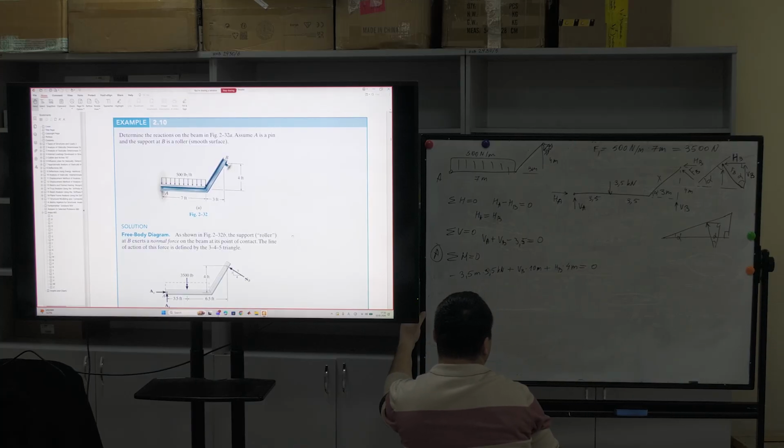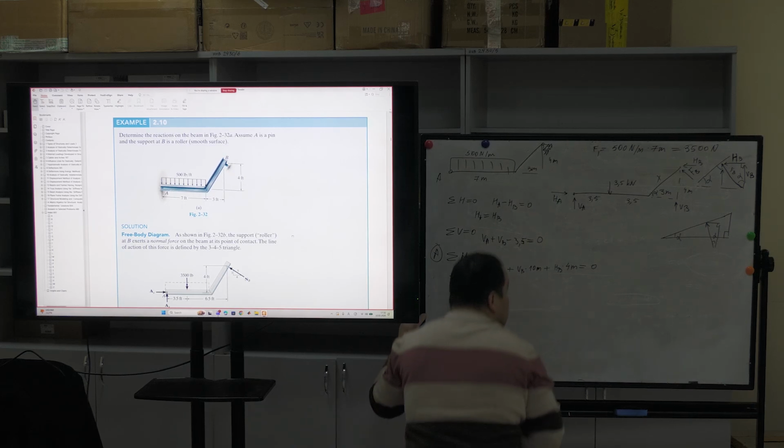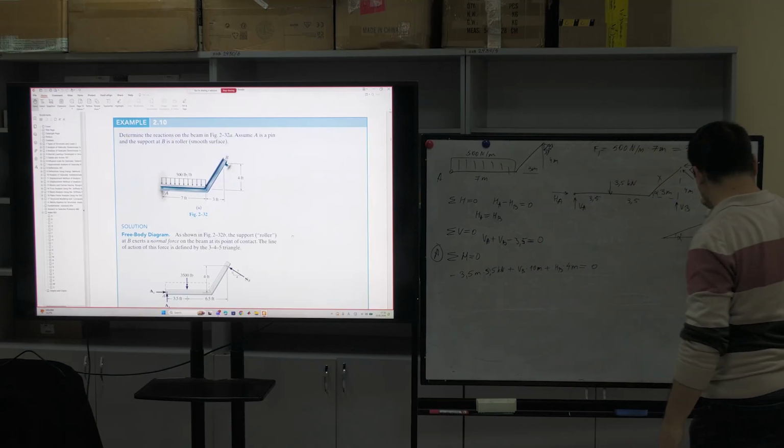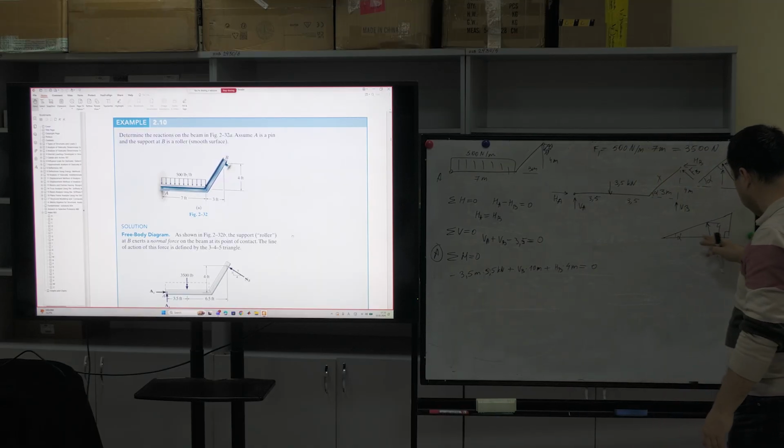Now I have one dependent formulation of VB and HB. Okay? And I have another dependent formulation of VB and HB. Okay? From this. If this one is alpha.